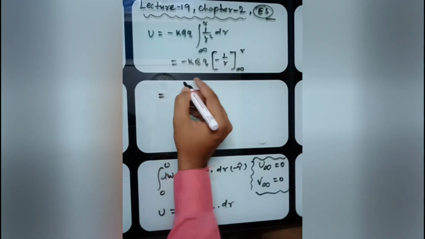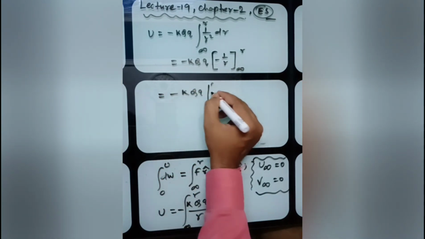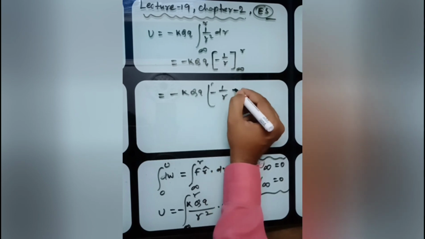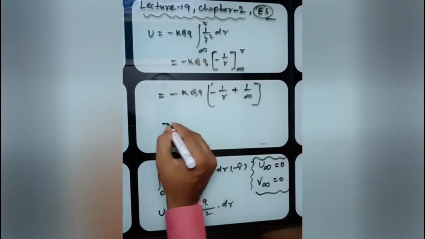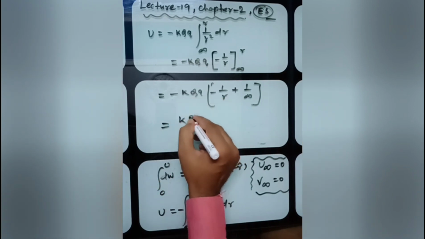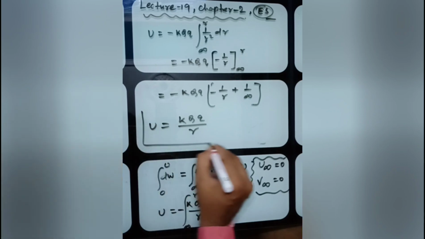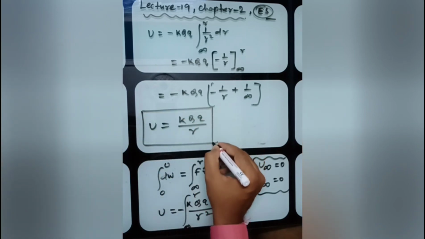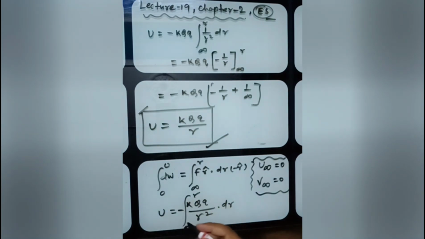So minus k q q times minus 1 by r, and minus minus plus 1 by infinity, which is 0. So minus minus plus k q q by r. This is the potential energy. So this is the simple derivation of potential energy.